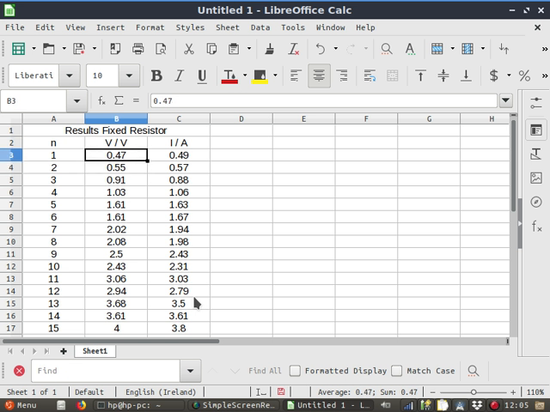For example, this was the first one, and then this was the second one, and this is the third one. So what we want to do is to make them into one. So here, we'll call this... what do I want to call it? I want to put them together.